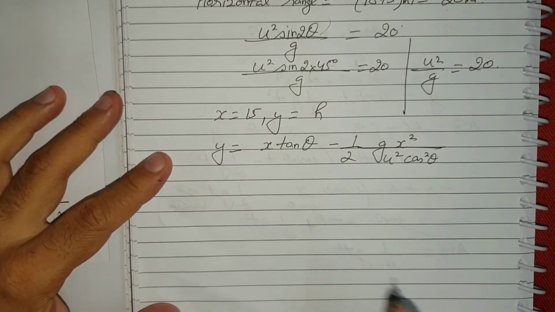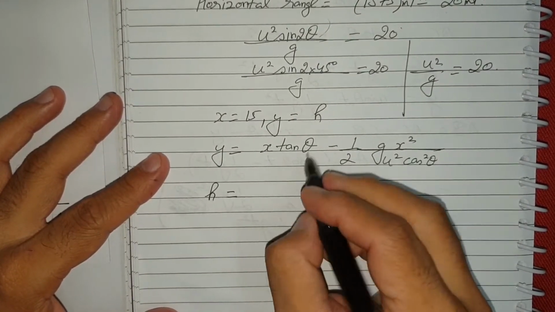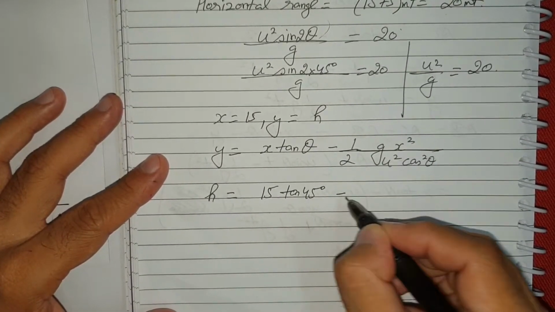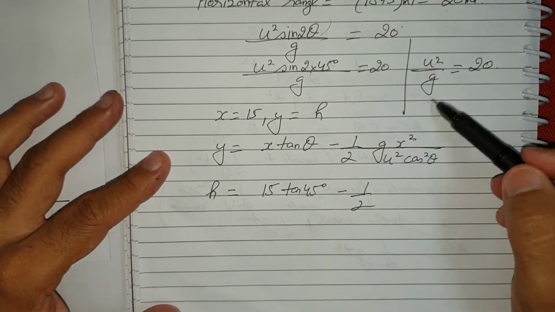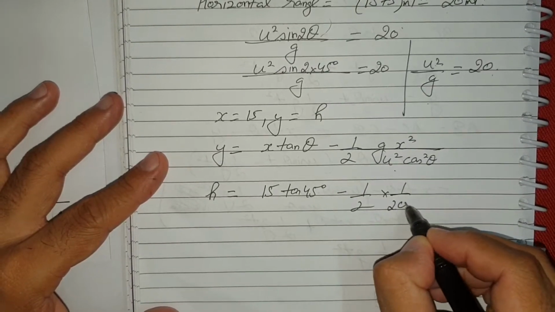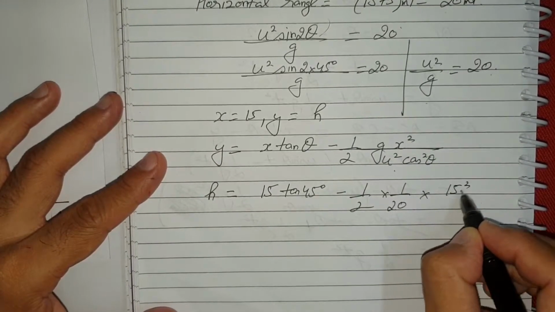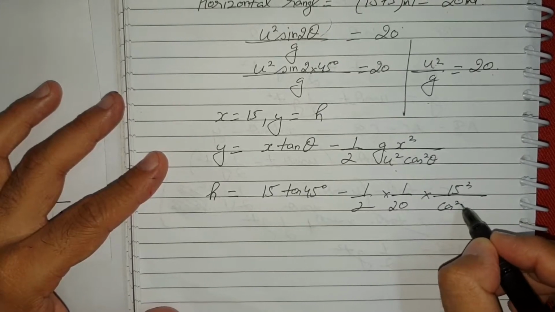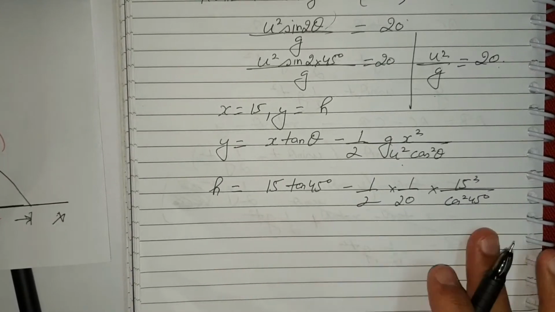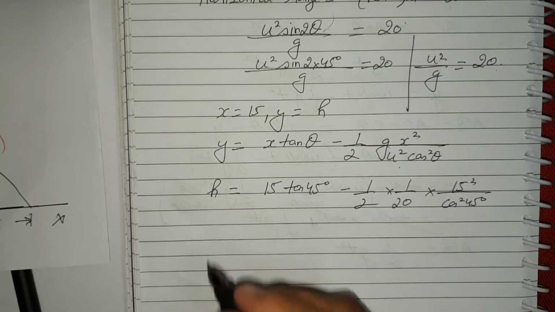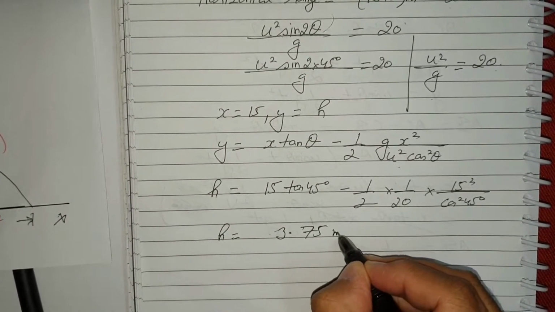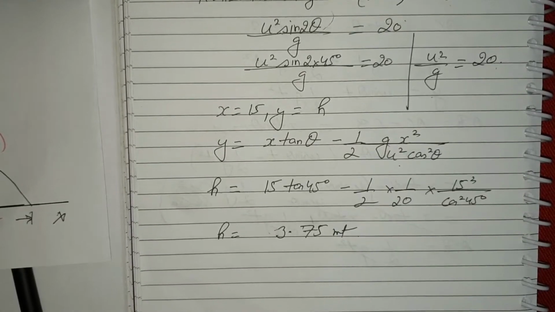So, h is x, which is 15, tan 45 degree, minus half, u square by g is 20 and g by u square is 1 by 20, into 1 by 20, into 15 square upon cos square 45 degree. Now, we have all these values, solving them you get h as 3.75 meter. This is the height of the wall.